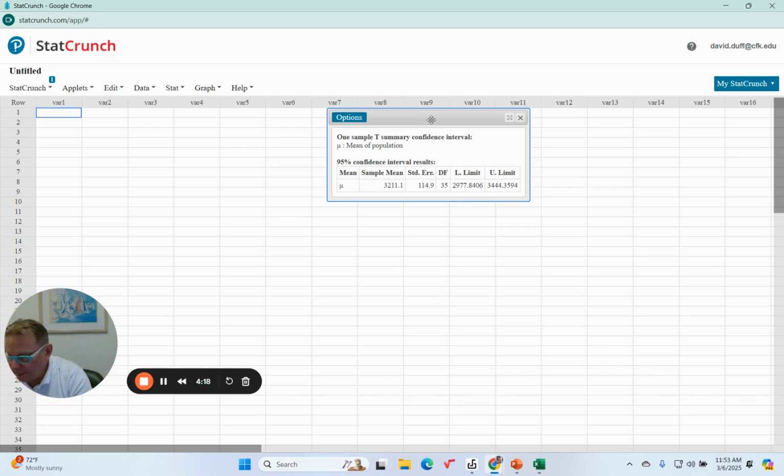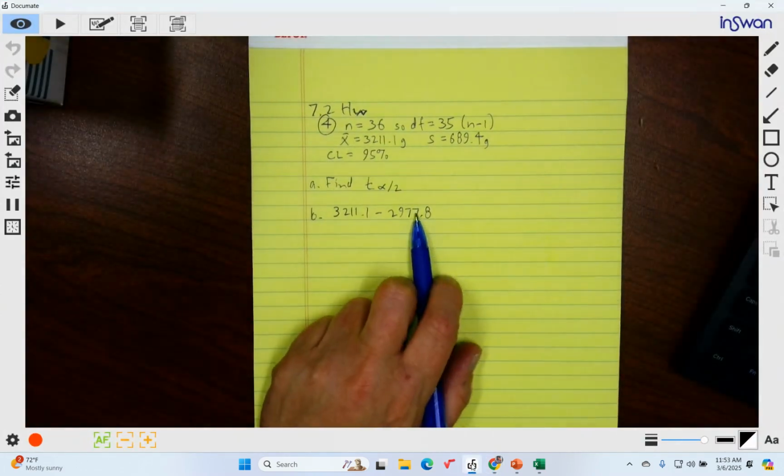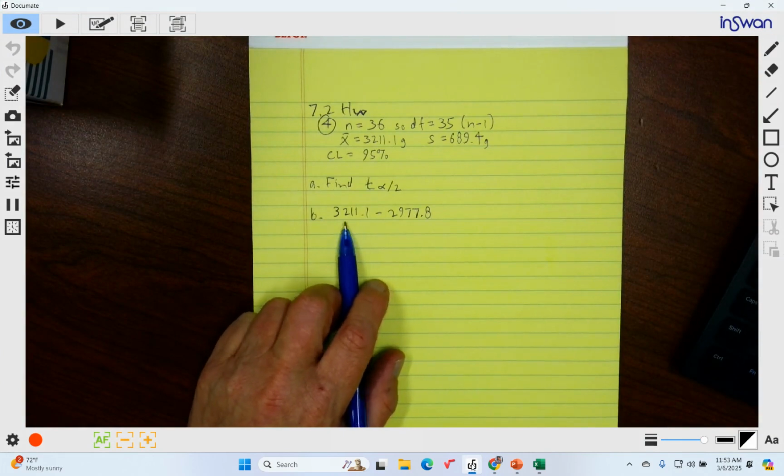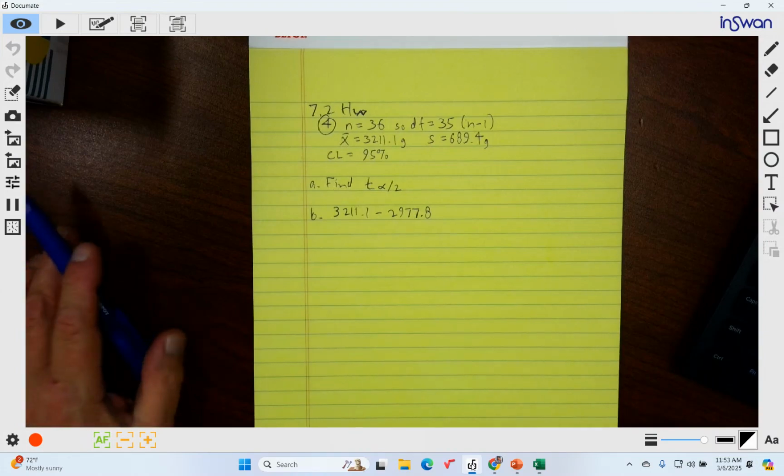So I'm going to write down the middle, 3211.1, and then subtract the lower limit of 2977.8. So let's go back to here. This is the lower limit, and that's the middle. The distance from the middle to either of the endpoints is one margin of error.